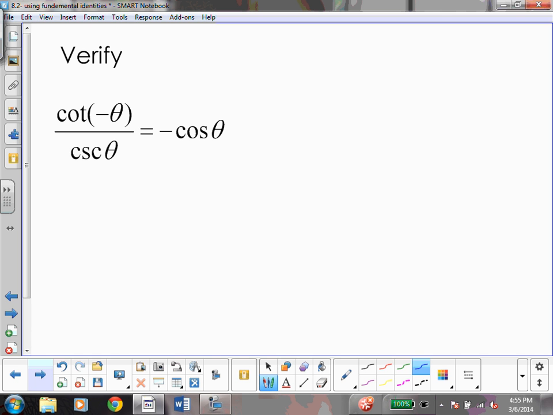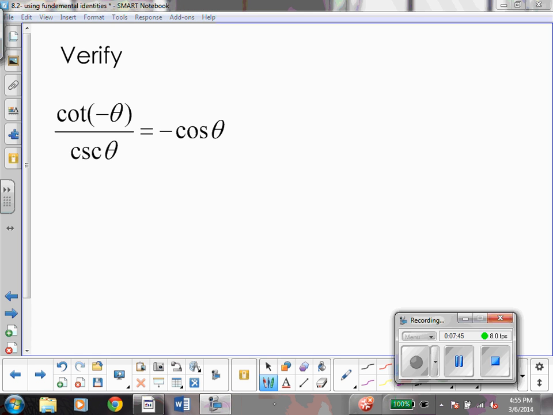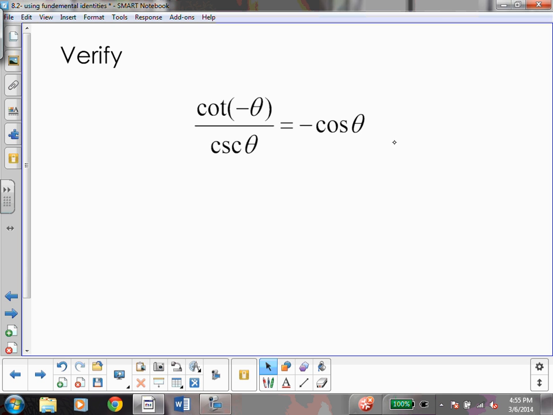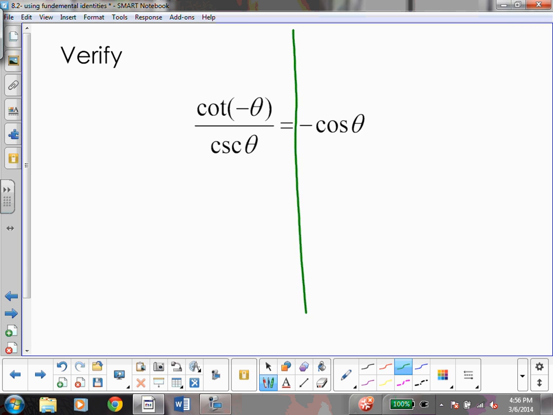Let's apply it. I want to verify that this statement is true, meaning that I want to do a proof, which means that I can't move anything on either side of the equation. This time my angles are represented by theta. And again, negative theta and theta are not the same thing, so I can't try to combine the cotangent of negative theta and the cosecant of theta.